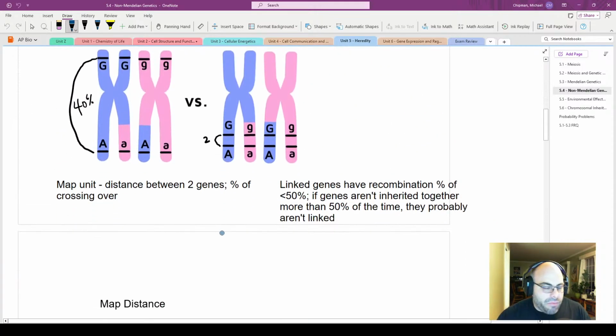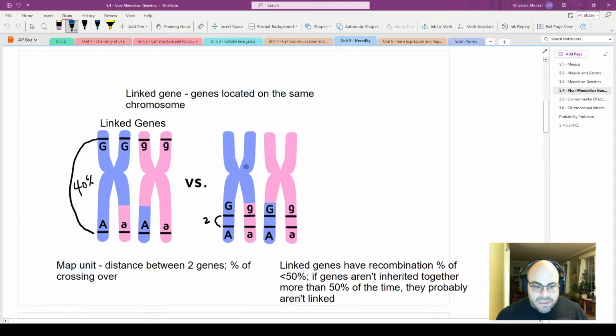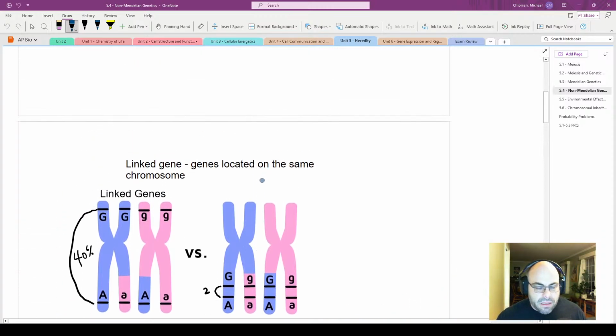No one's come to me with a map unit question at all on their practice exams. Some of you guys who have answered 150 questions by now, you can tell me if you've seen a map unit problem, but I don't think they exist. It's in the CED, but I think they're just shying away from that.